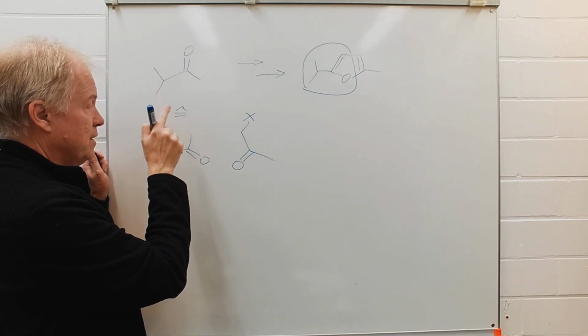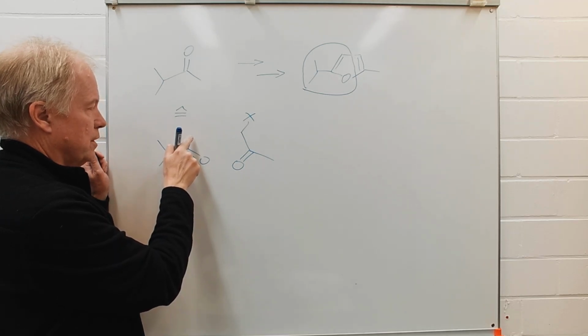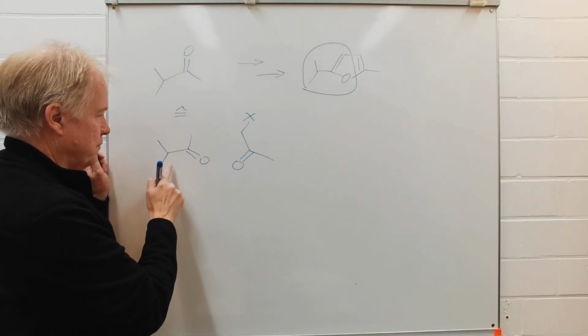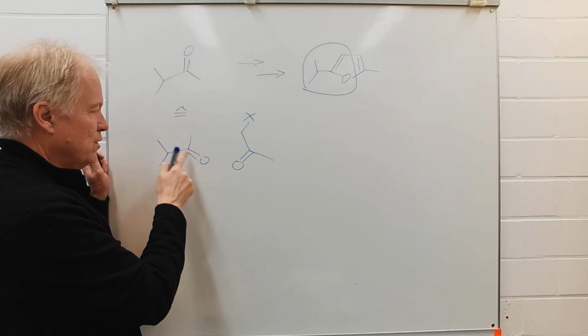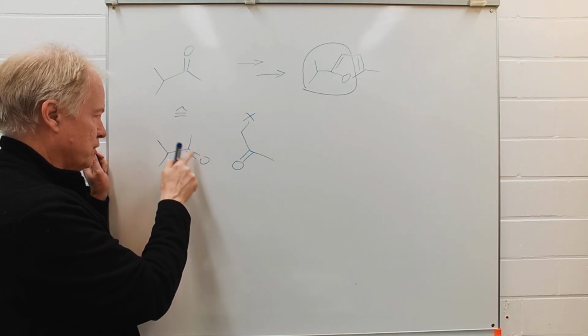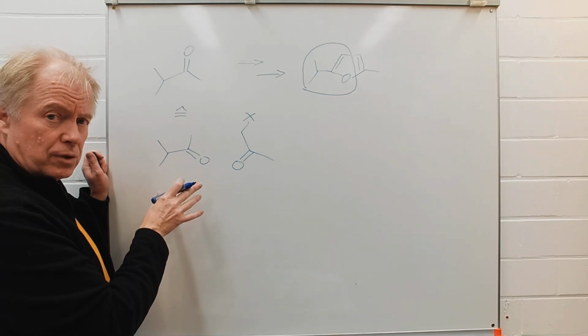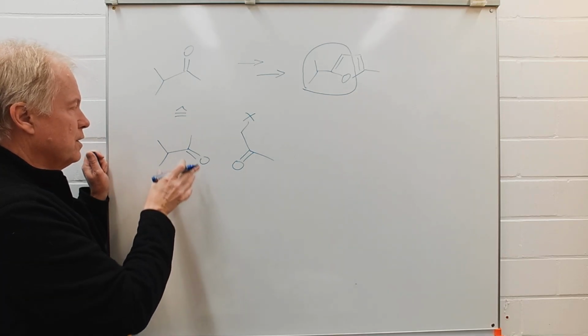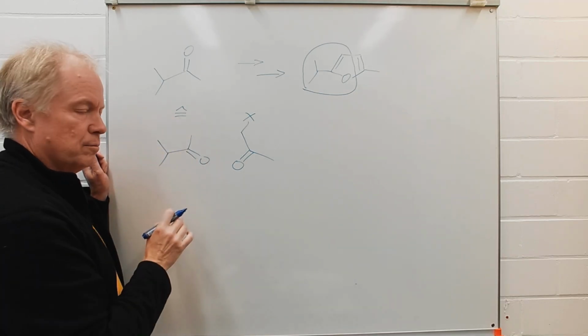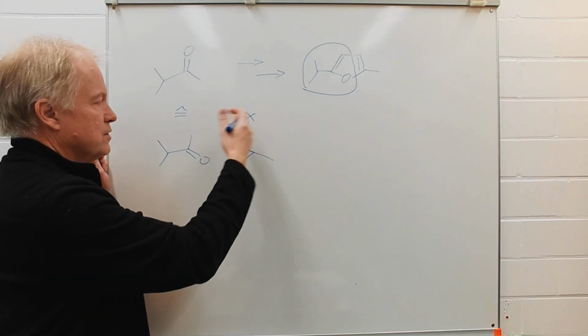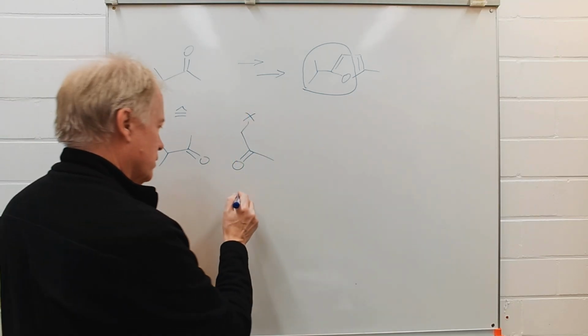Would we be able to put in a leaving group here selectively while the enolate is forming preferentially to this side? Oh, this is a problem. We can address that problem by using a sterically hindered base, but this variant is much more easy.